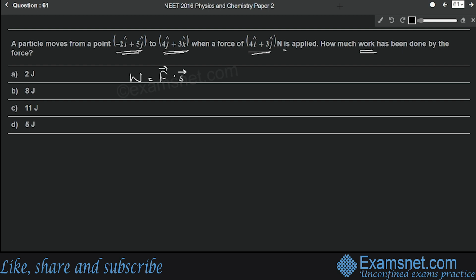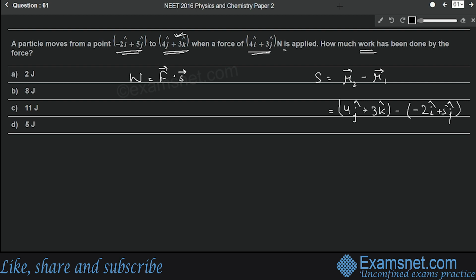What will be the displacement in this case? It will be the final position vector minus the initial position vector. The final position is 4 j cap plus 3 k cap, and the initial position is minus 2 i cap plus 5 j cap.